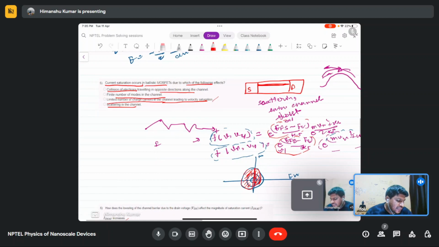The probability of an electron moving in the negative direction, left to right, becomes very small, and the probability of an electron going from source to drain becomes very large. Now the distribution has become skewed, and the correct answer is the number of charge carriers in the channel leading to the velocity saturation.